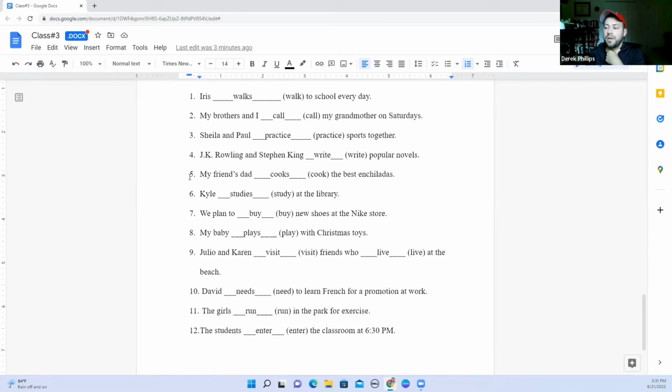Number 5, my friend's dad cooks the best enchiladas. This example can be tricky, but in number 5, I want to talk about 1 person, the dad, the father of my friend, el papá de mi amigo, right? The apostrophe S in English is possessive.